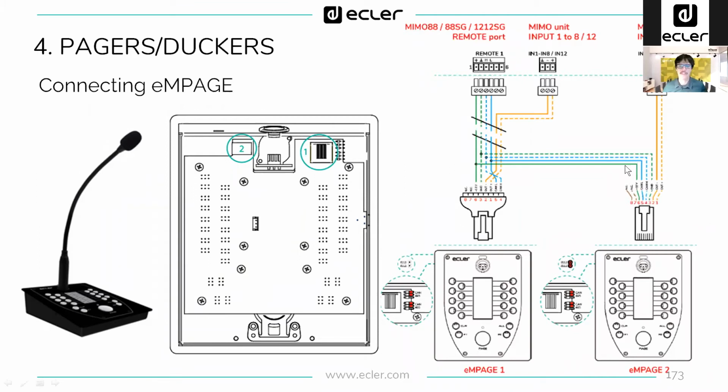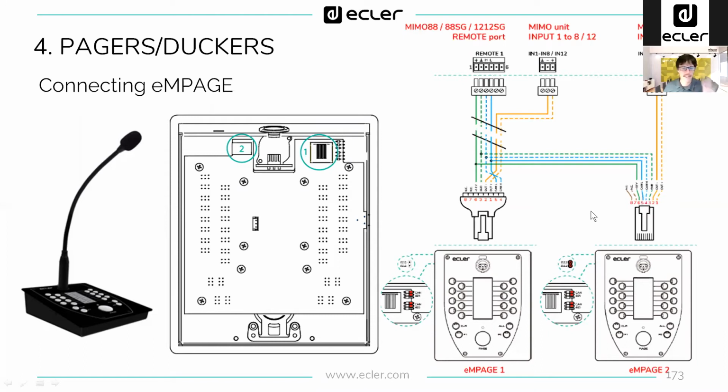And the last one, even if we have another one here, the last one will have to have the termination jumper on, the 120 ohm termination. You have to activate it in the last one. In the first or second, the ones that are not the last ones, you don't have to put any termination. So that's the difference, okay.